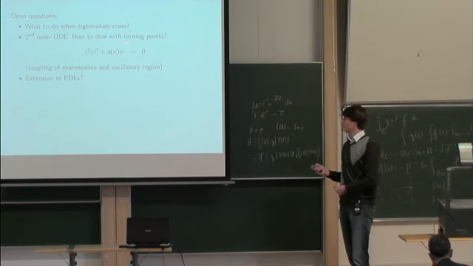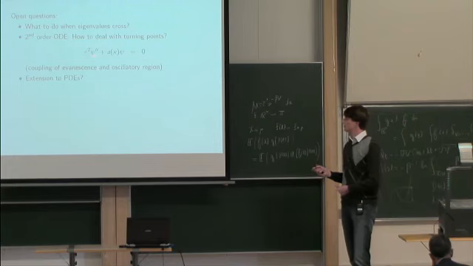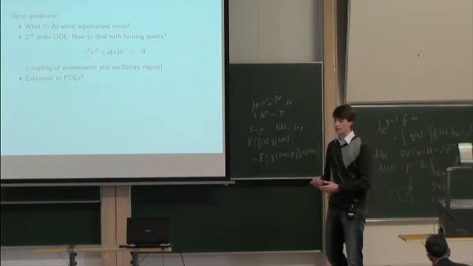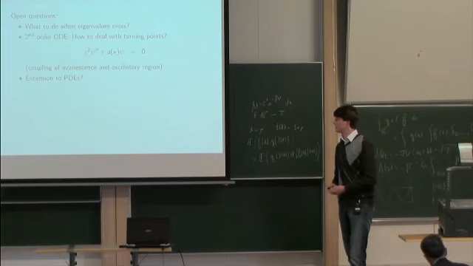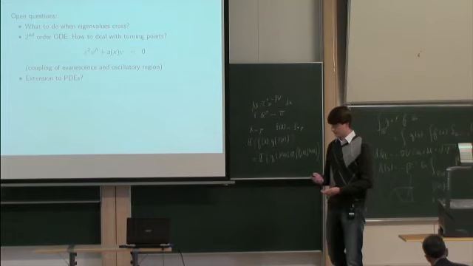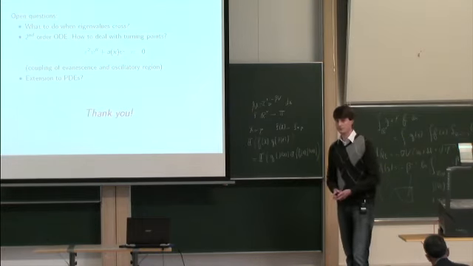That means if A gets 0 at some points, how can we incorporate this in our scheme? This is very important to couple with the evanescence in the oscillatory region in the semiconductor. And then of course the question: can we extend these ideas to PDEs? Okay, thank you for your attention.